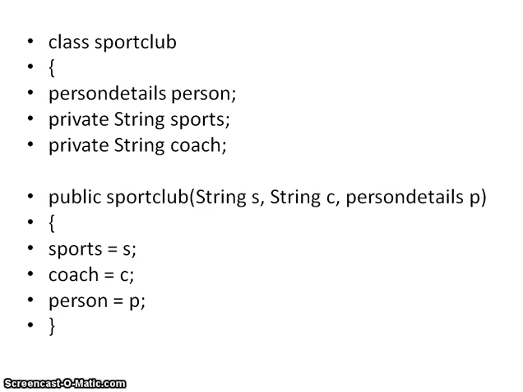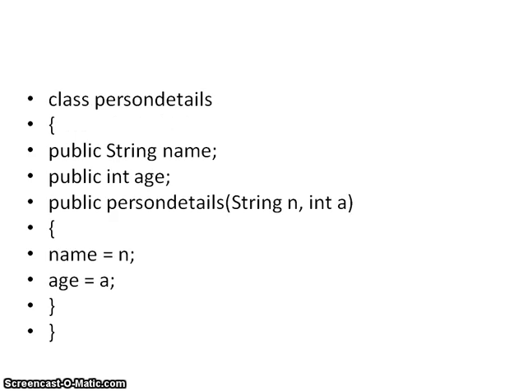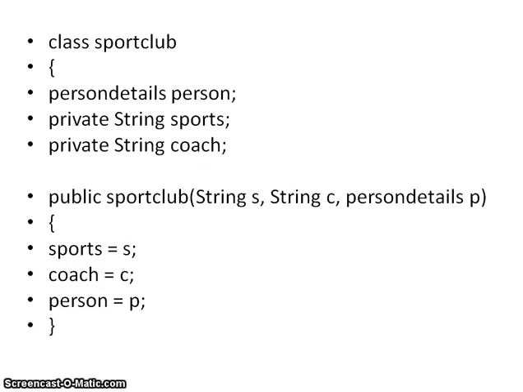In the SportsClub, see the first statement, PersonDetail is the previous class. I am declaring that PersonDetail person, this is the variable, as a data member of the SportsClub class. So this is the composition. How I am doing it: the object of the previous class is used as a data member of this class.